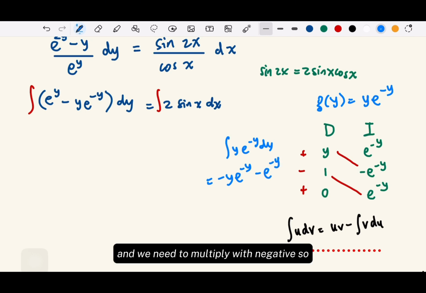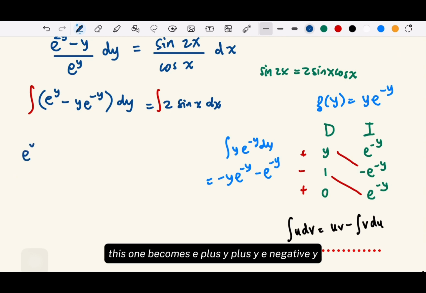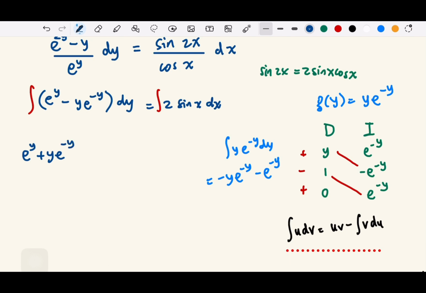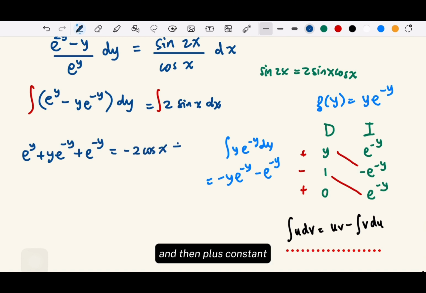And we need to multiply with negative, so this one become e of y plus y e negative y plus e negative y. And then the right side becomes negative 2 cosine x and then plus constant.